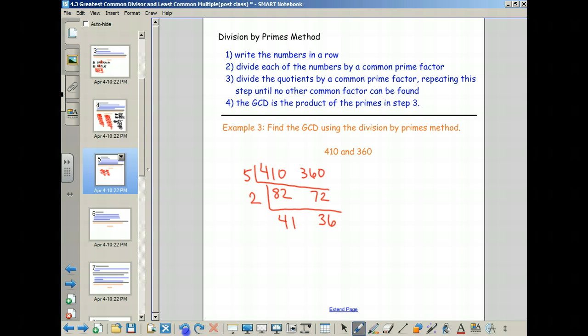Now, 41 and 36. What happens? 41 is a prime number. That's a very good point. 41 is a prime number, which means unless 41 divides 36, which of course it can't because it's bigger, we're done. And the greatest common factor then, or greatest common divisor, is the 5 times 2.